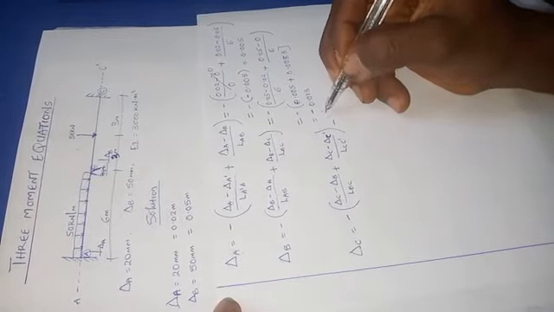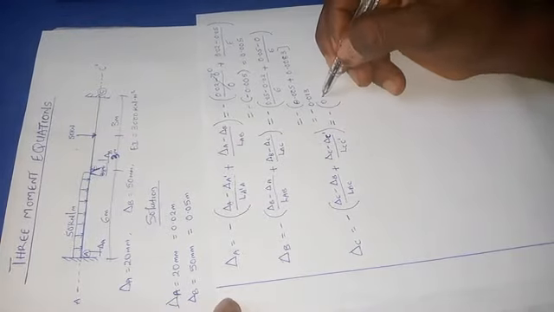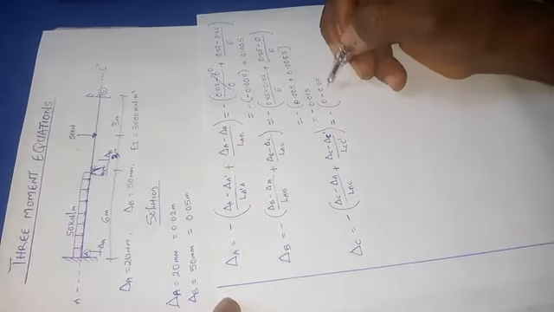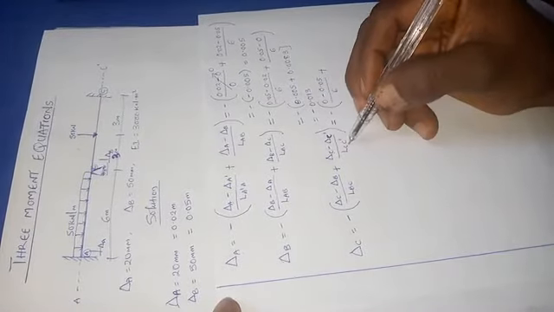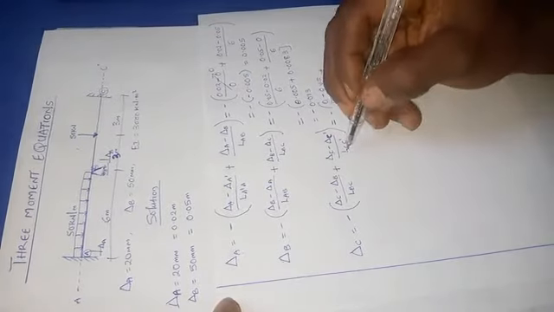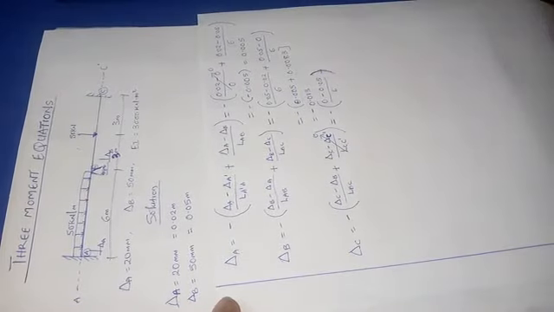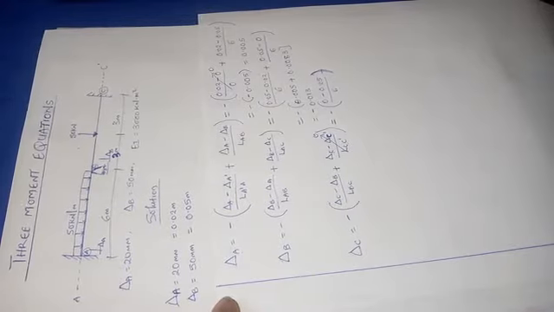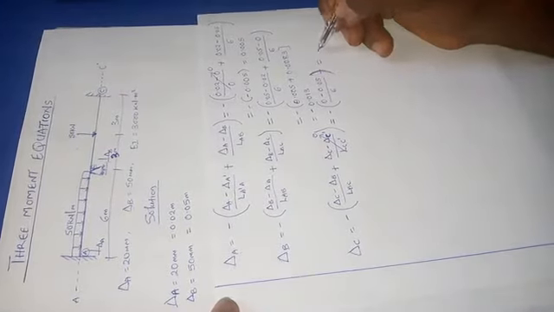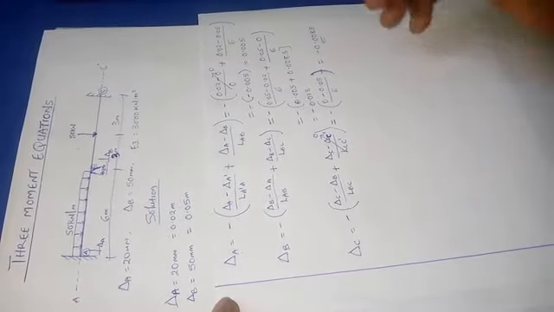If I substitute inside this, I'm going to have minus in bracket the settlement at C was 0 minus the settlement at B was 0.05, all divided by the length 6, then plus the settlement at C minus C prime. There is no length between C to C prime, so everything here automatically tends to 0. Then I'm only having this, so 0 minus 0.05 divided by 6 would give me equal to minus 0.0083. So this is my settlement.